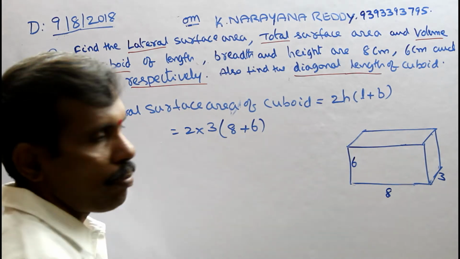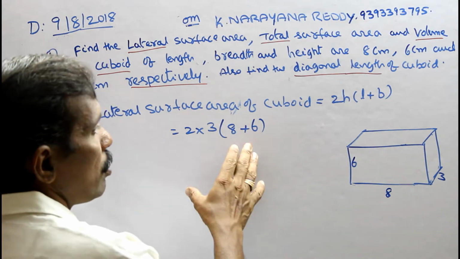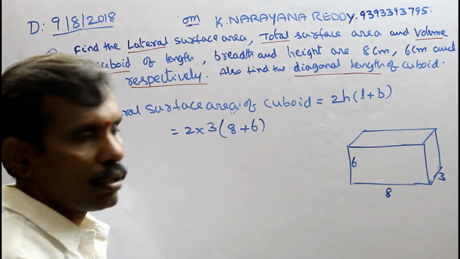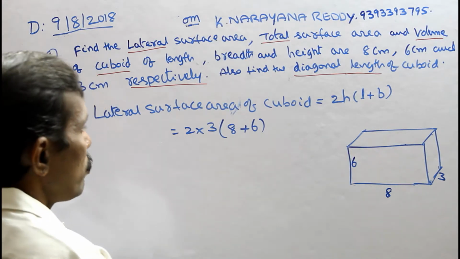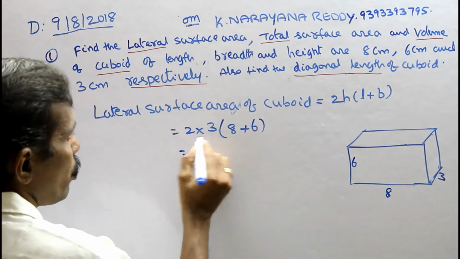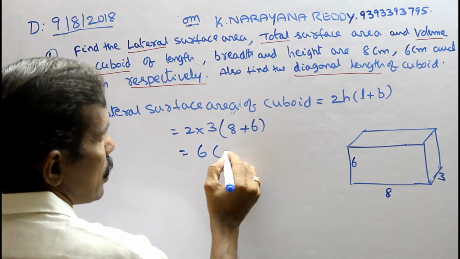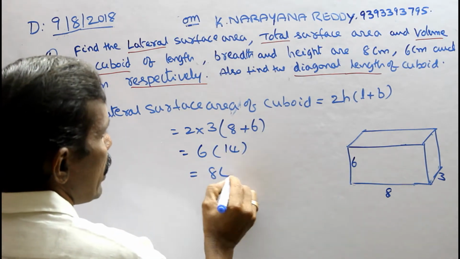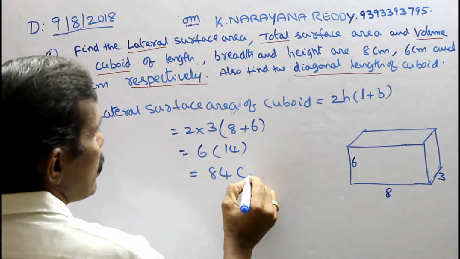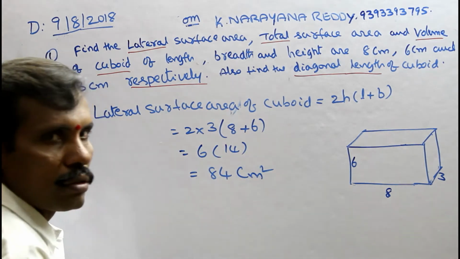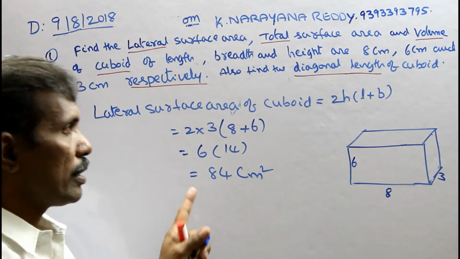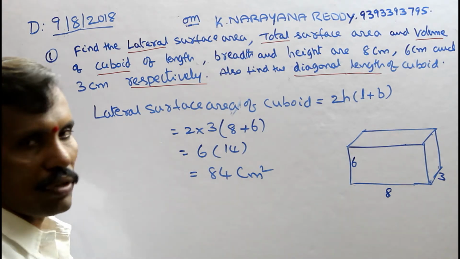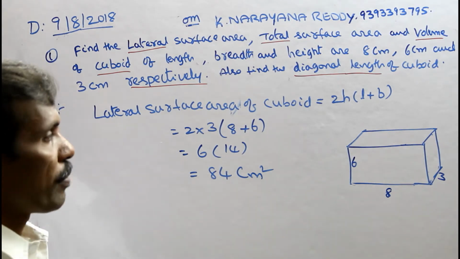Length, breadth, height. So 2 into 3 is 6, into 8 plus 6 is 14. It's 84. Area is nothing but square, centimeter square. That is the answer. This is the lateral surface area.